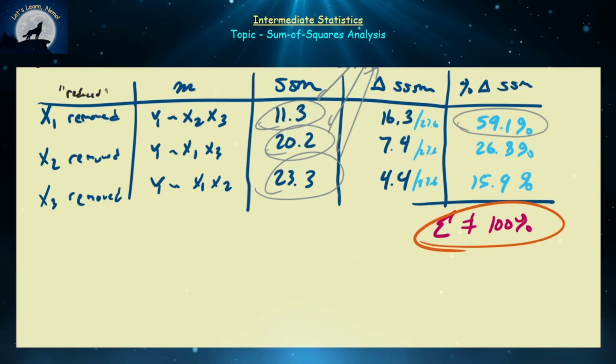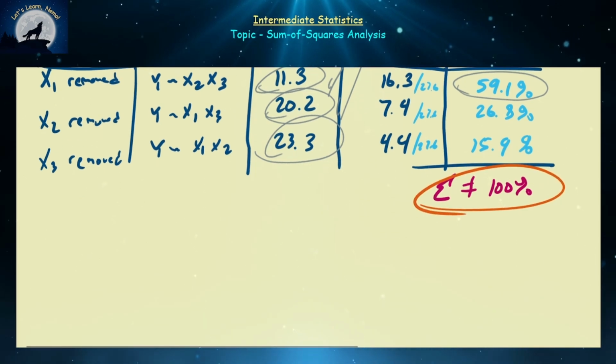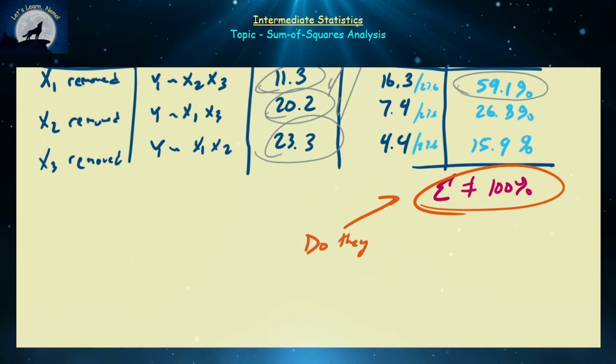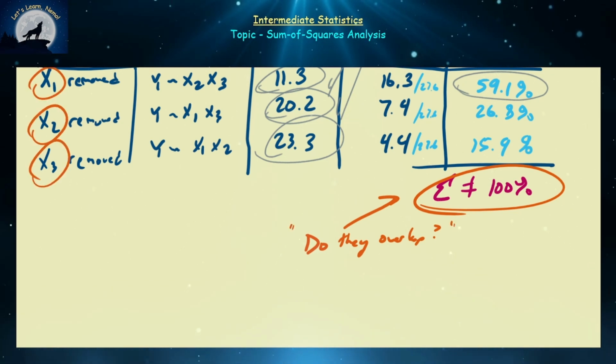So when you see this, sum not equal to 100%, you can ask the question, do they overlap? Right? And obviously, looking at the individual predictors is not necessarily trustworthy, because they could contain interactions or dependencies within our data, even if it is by chance.